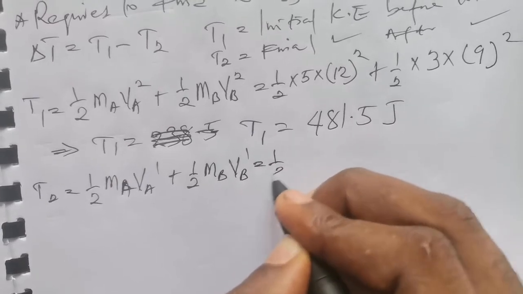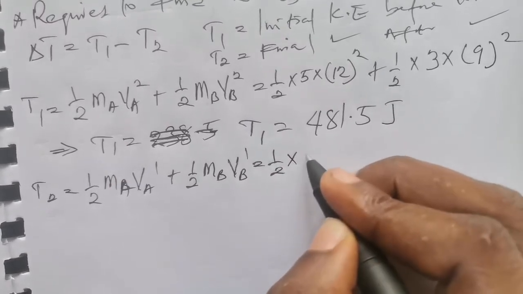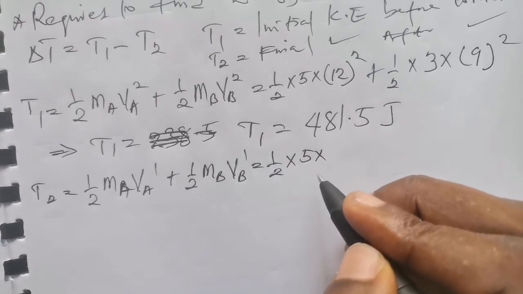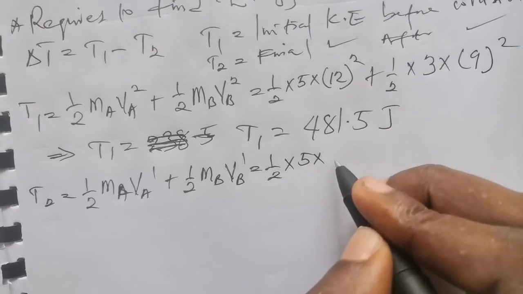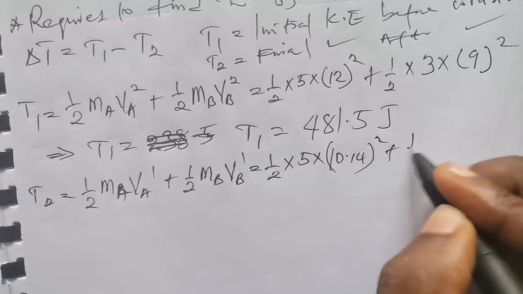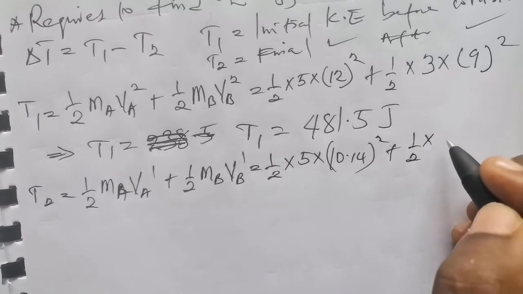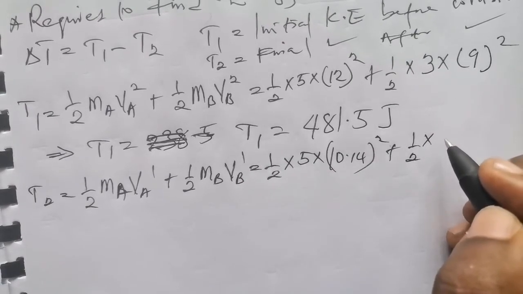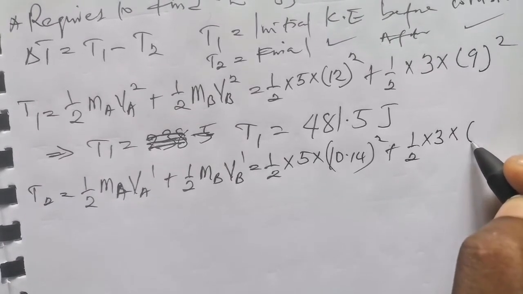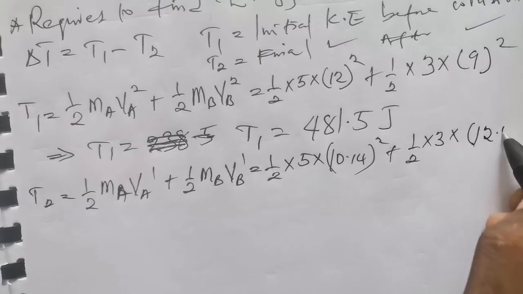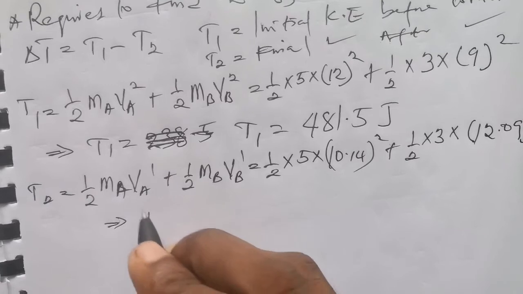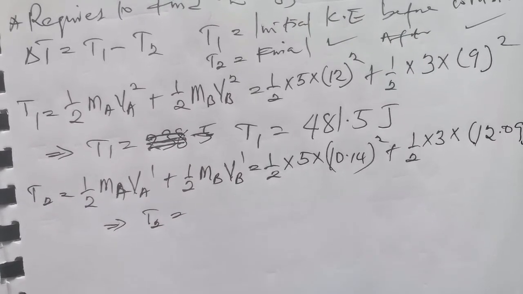So this is 1 over 2 times 5 times 10.14 squared, plus 1 over 2 times 3 times 12.09 squared.